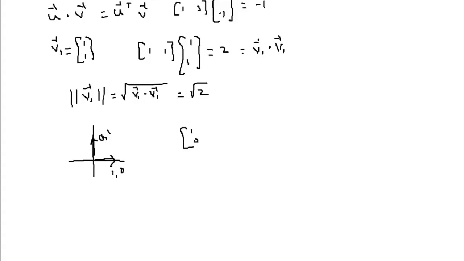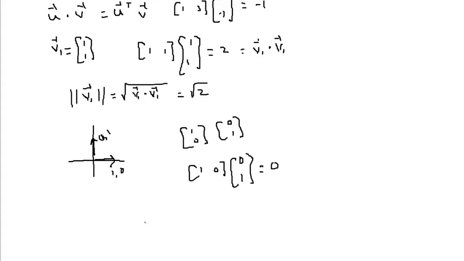And I'm going to take the dot product of these two vectors. So I'll take the transpose. And of course I have 1 times 0 is 0, plus 0 times 1, also 0, and this equals 0.